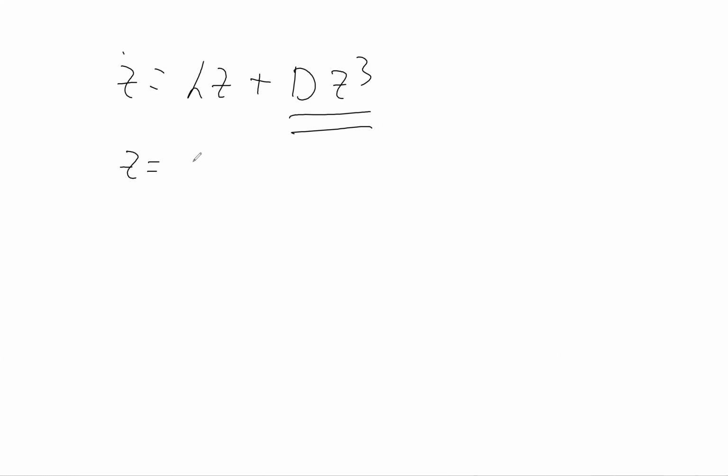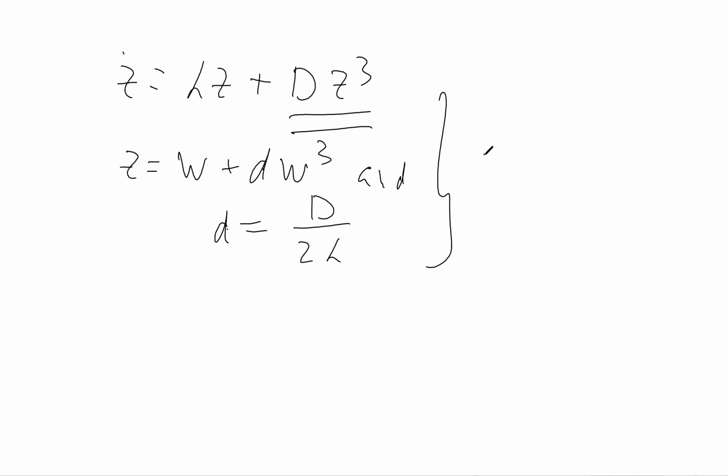If we make the substitution z equals w plus d w cubed, and d equals d capital over 2 lambda, then in terms of w it will be lambda w also.